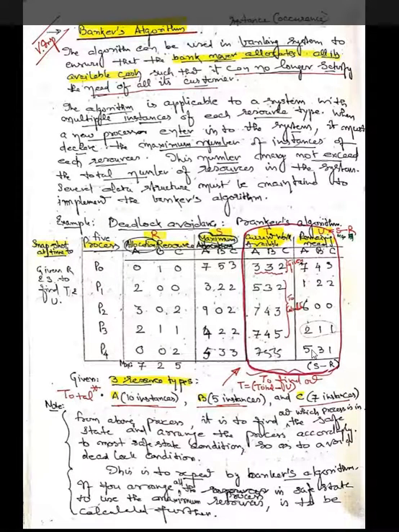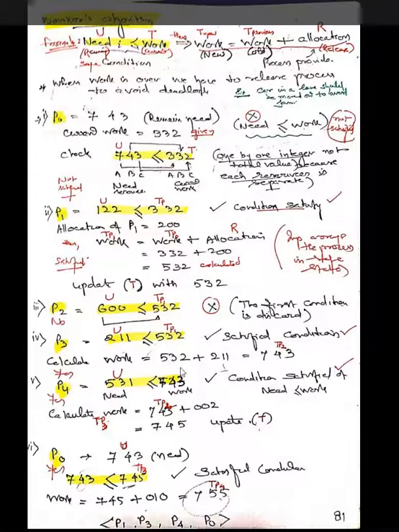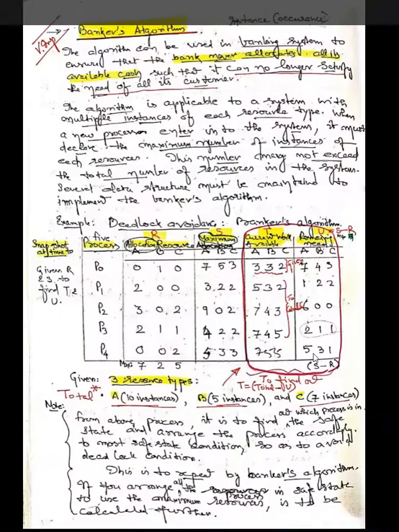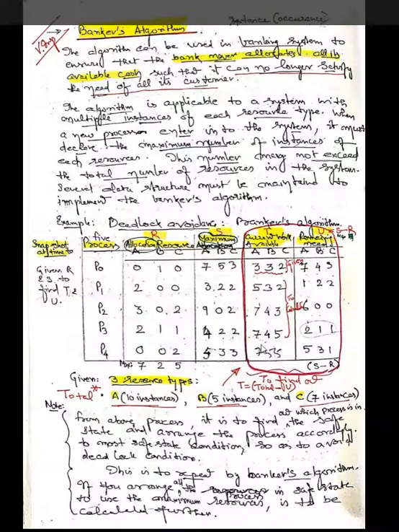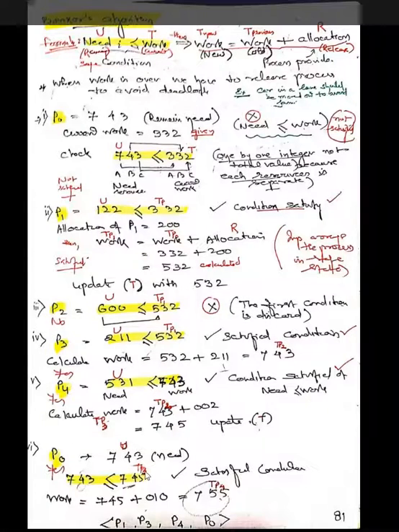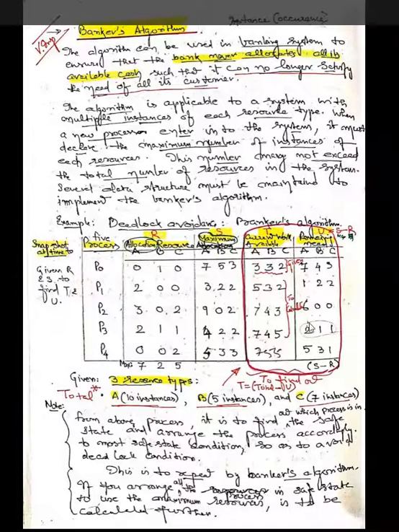Next, 531 is compared with 743, and this condition is satisfied. So for P4, the allocation 002 is added to 743, and it becomes 745. Now the need 743 is compared with 745, and the condition is satisfied.